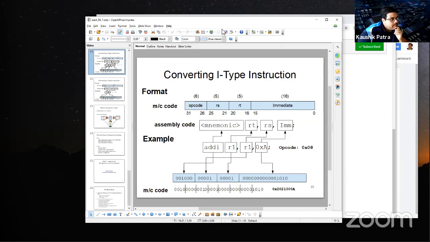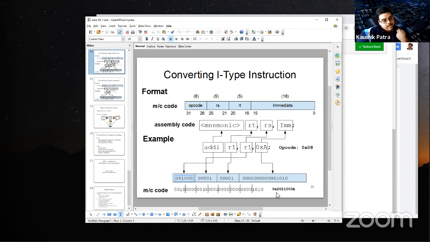Yeah, exactly. Basically, this opcode is 8, meaning 08. And remember, 08 in a 6-bit representation is this, and this is 6-bit, then 5-bit, etc.